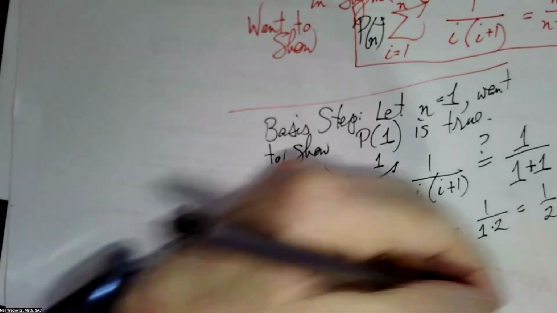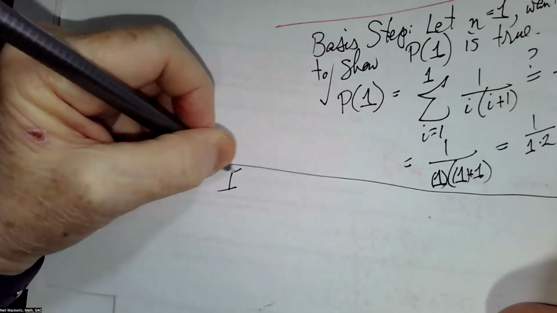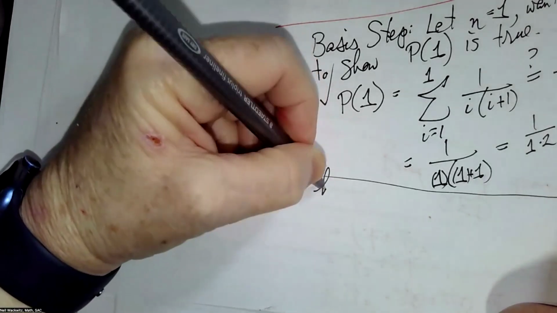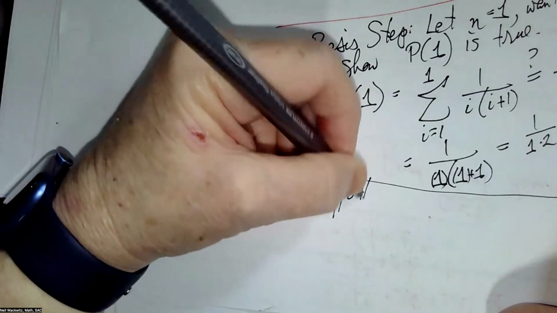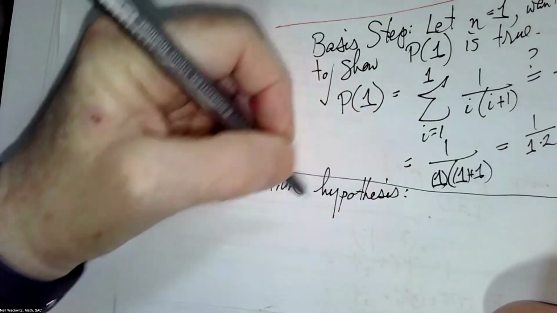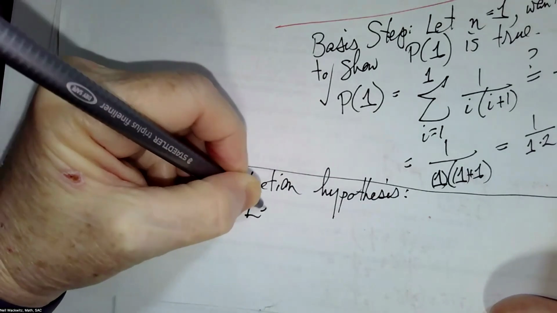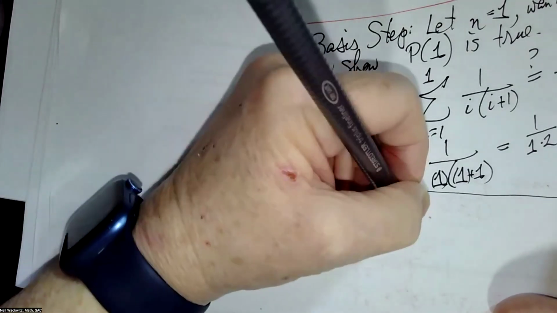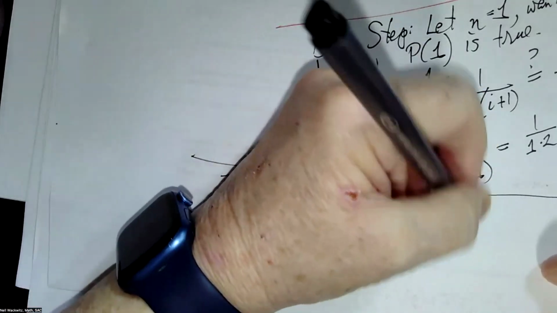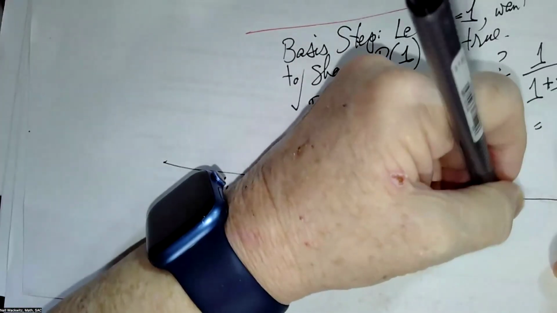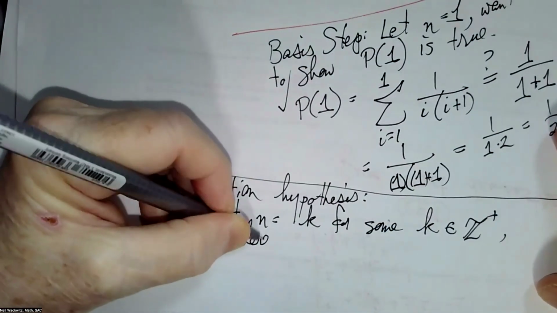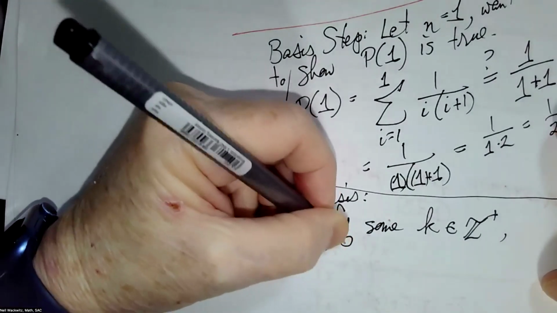Now we do the induction hypothesis. We let n equal k for some positive integer k, where k is bigger than 1.